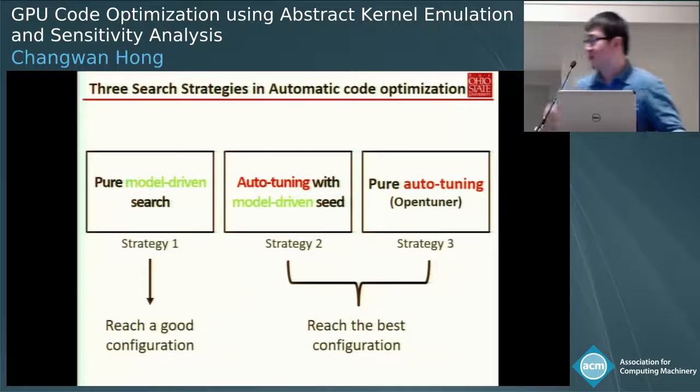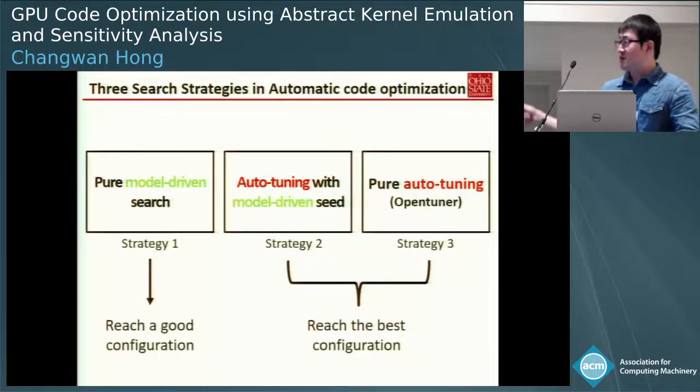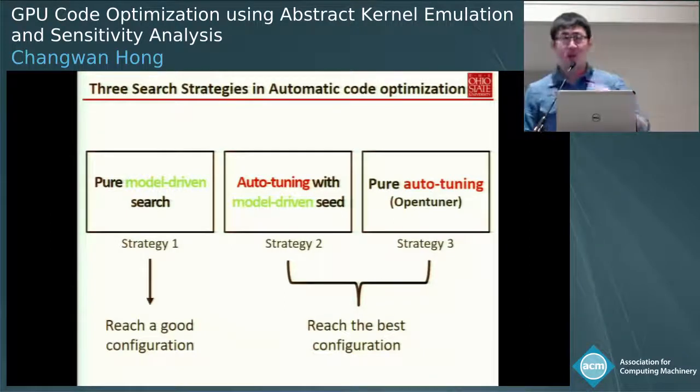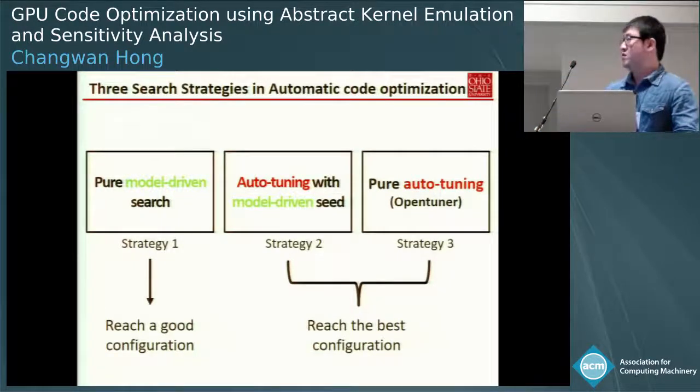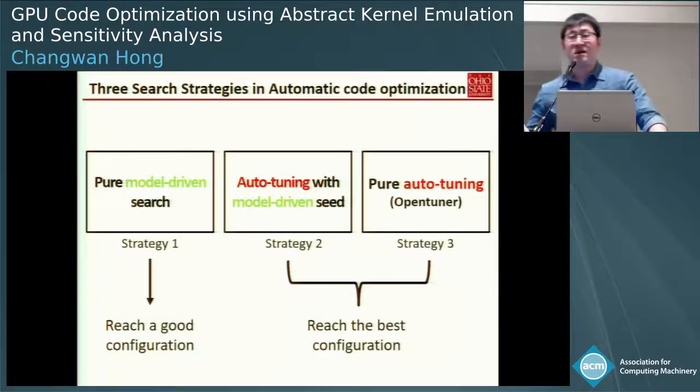So there would be three different strategies. The first strategy is pure model-driven search. It would be fast, but it may not reach the best configuration. Strategy 2 is auto-tuning with a model-driven seed, which I explained.